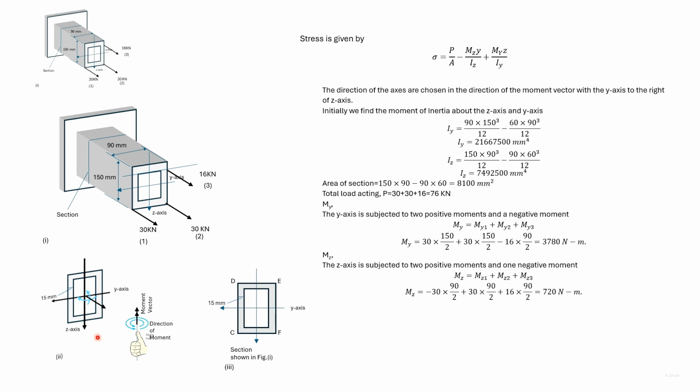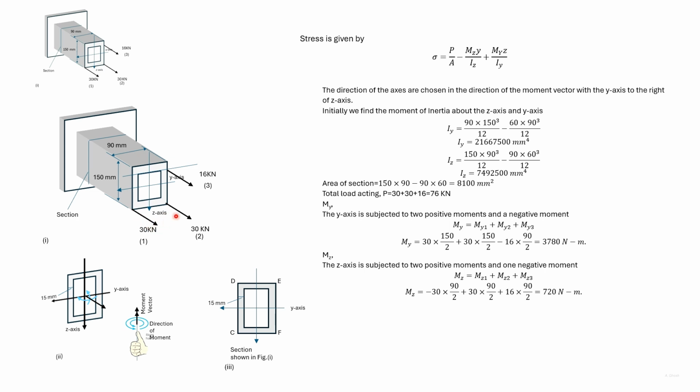With the axis chosen, we can find Iy and Iz of this hollow section. We can also find the area. All the three forces are tensile, so at the centroid we get the force P as can be seen. We find the moment about the y-axis.